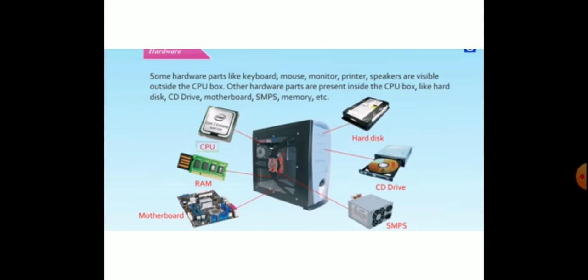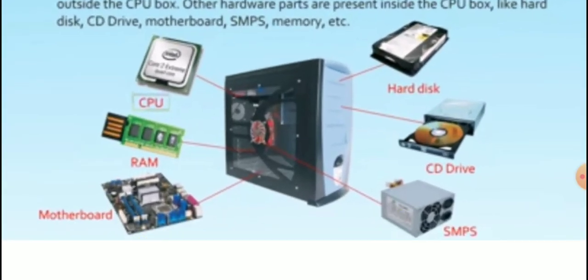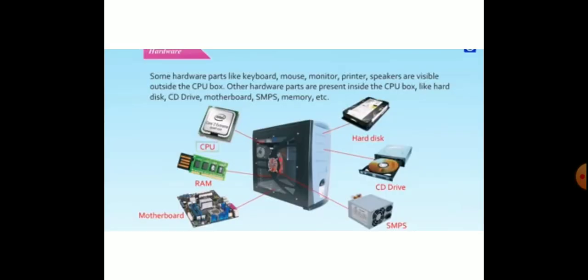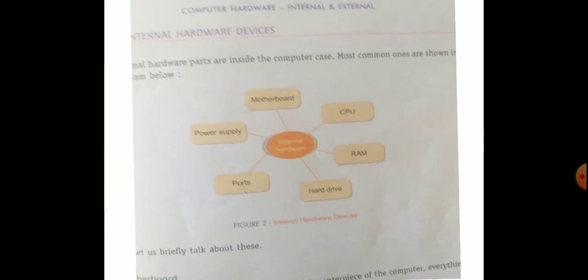Here I have given you the figure of internal hardware devices. Look at this figure, children. CPU, RAM, motherboard, hard disk, CD drive and SMPS. Everything connected or fixed inside the computer case. All these parts are connected with the motherboard.